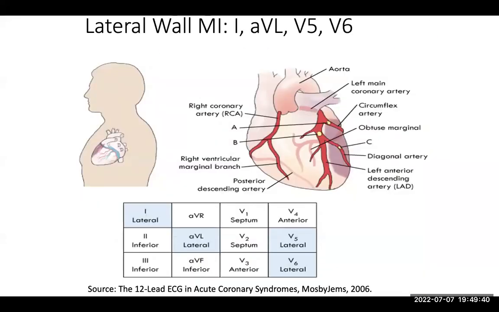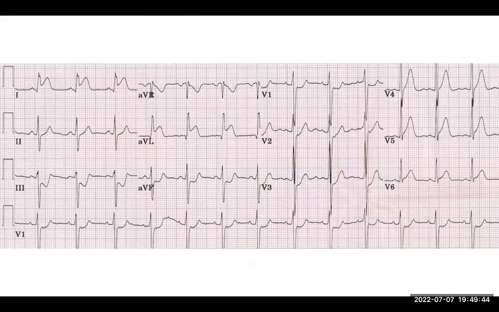Then the next thing to go to is called the lateral leads. So we have covered anterior and anteroseptal. The next thing to go to is lateral. And lateral here represents the left circumflex artery. Anterior and anteroseptal was LAD. So if somebody wants to talk about LAD occlusion, you go to V1 all the way to V4.